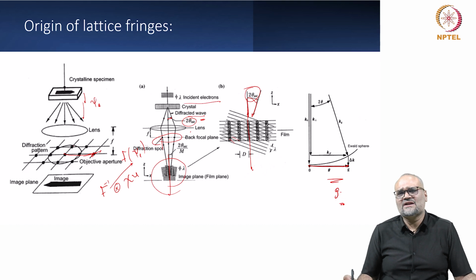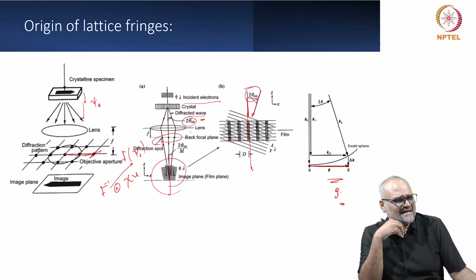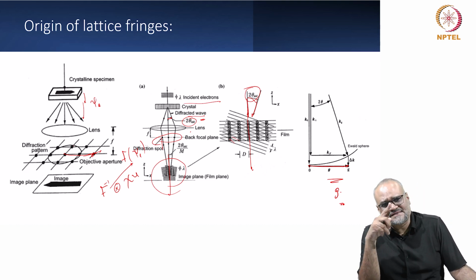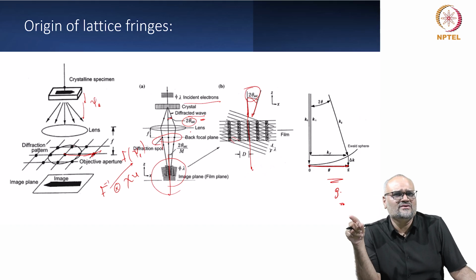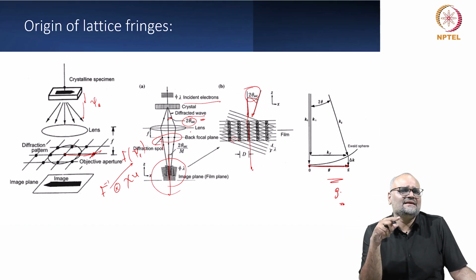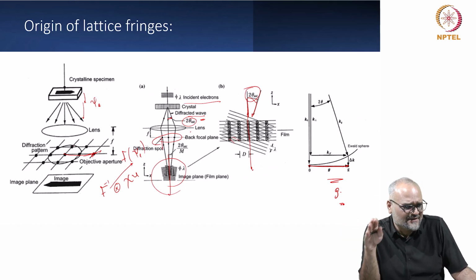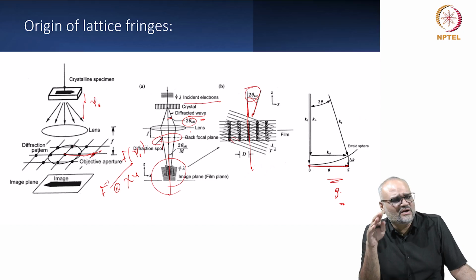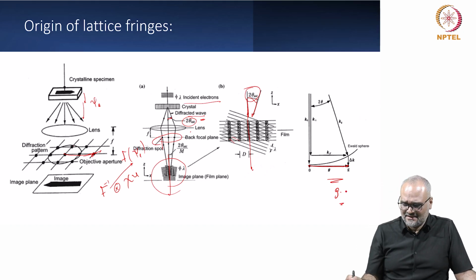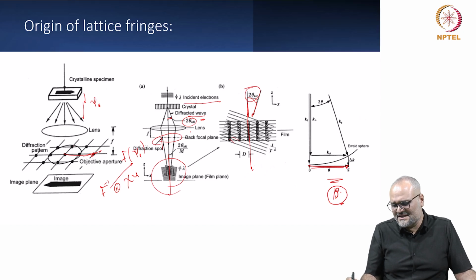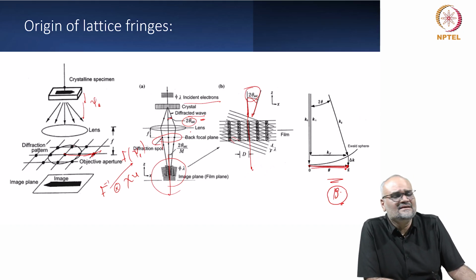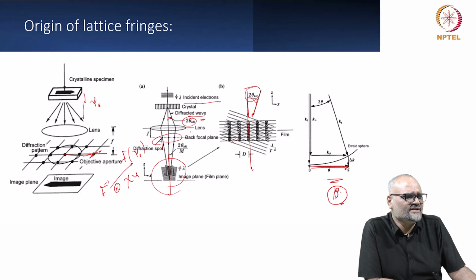In fact, this is what I was trying to tell you on the previous slide as well. The cosine modulation of the amplitude that I record in the HREM micrographs is proportional to the fringe spacing, or inversely proportional to the reciprocal lattice vector giving this fringe pattern.